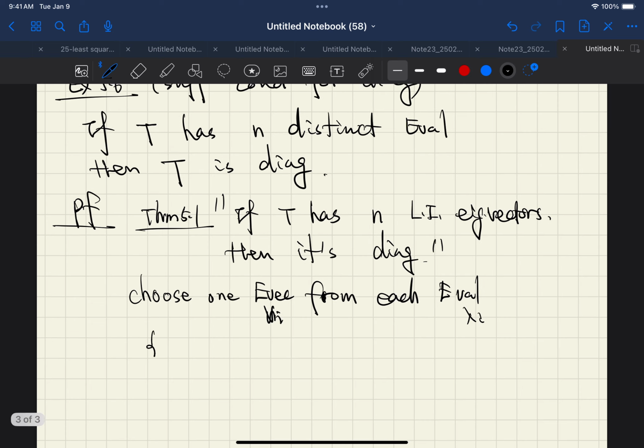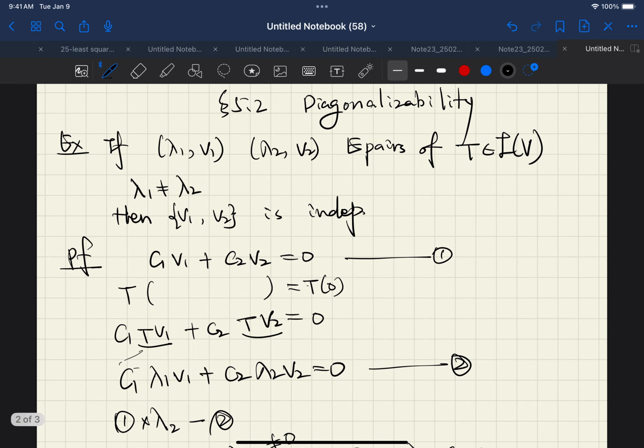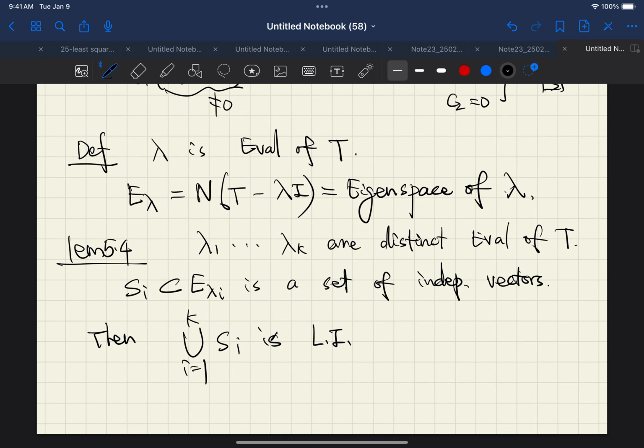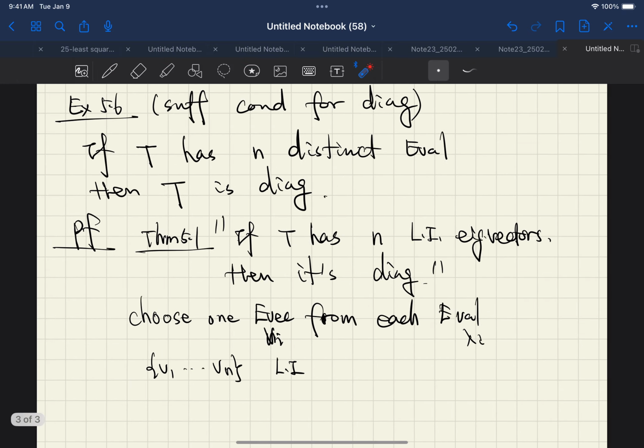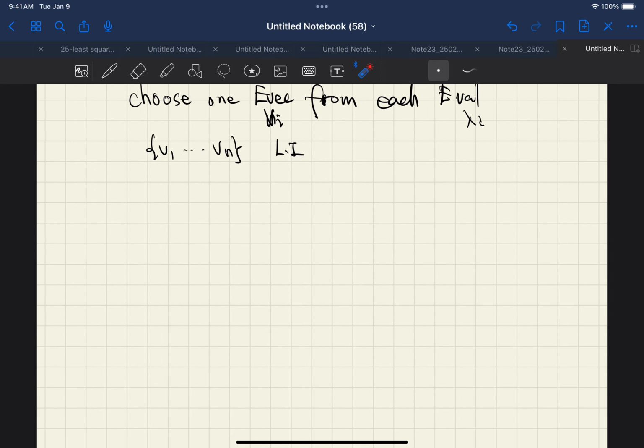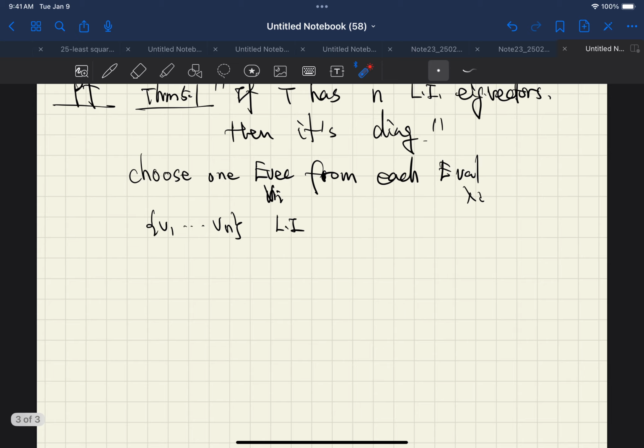Then if you put them together, they are independent by lemma 5.4. If you take one eigenvector from each eigenspace, then they are automatically independent. So by lemma 5.4, that implies diagonalizability.